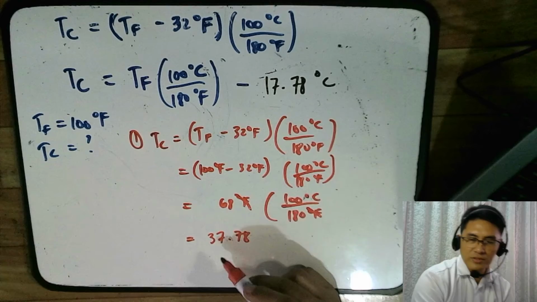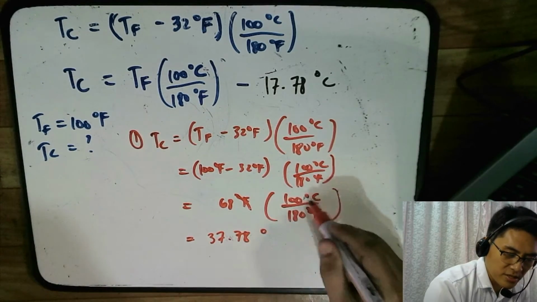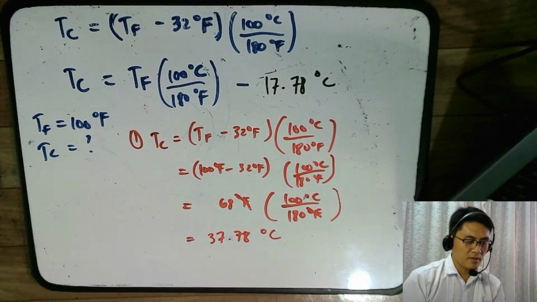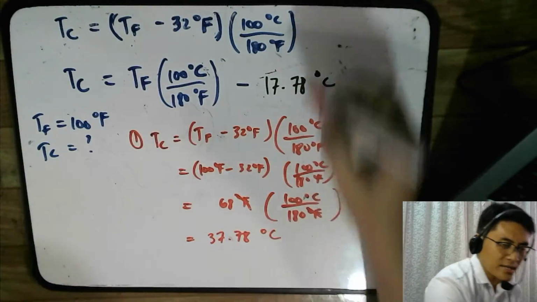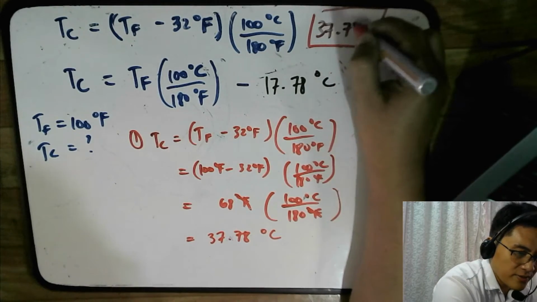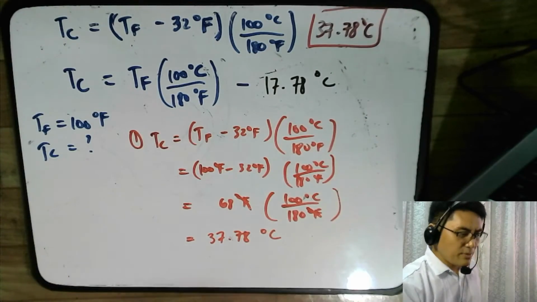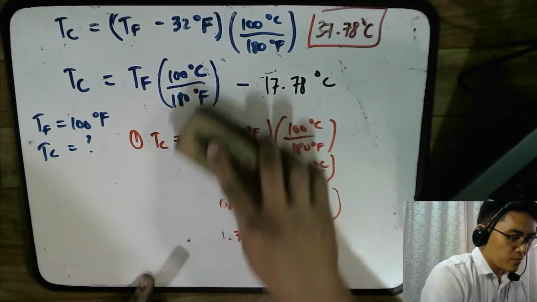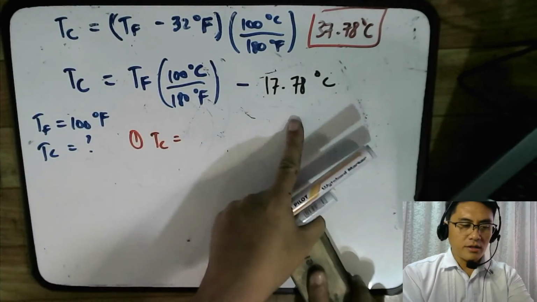So let's round that off to 37.78 degrees. Remember, what is left is Celsius. Okay? So take note, using formula 1, our answer is 37.78 degrees Celsius.